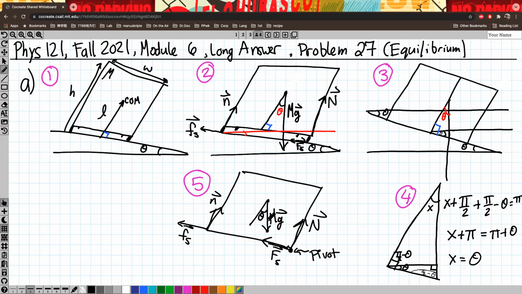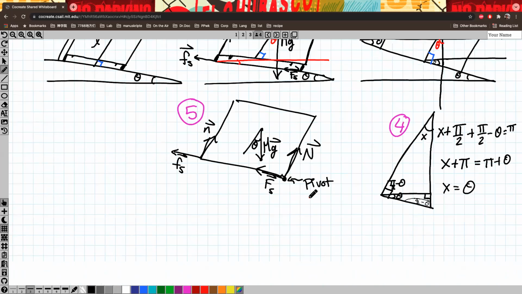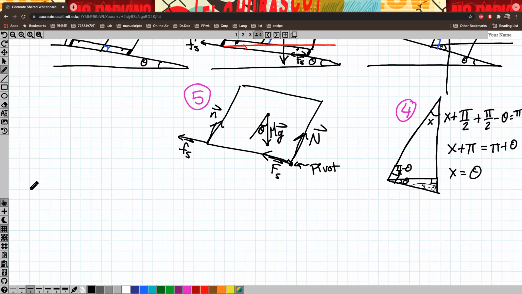Okay, let's write down Newton's second law for this. Let's do the x direction. Net force in the x direction. What are all the forces in the x direction? Would the x direction be parallel to the incline?